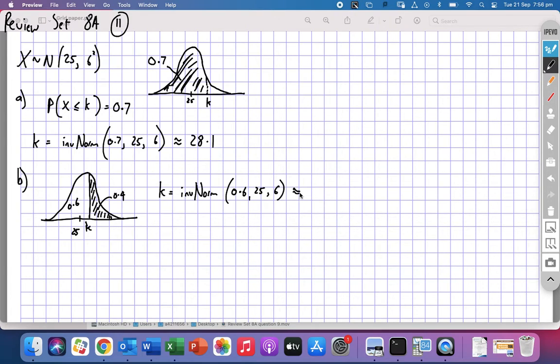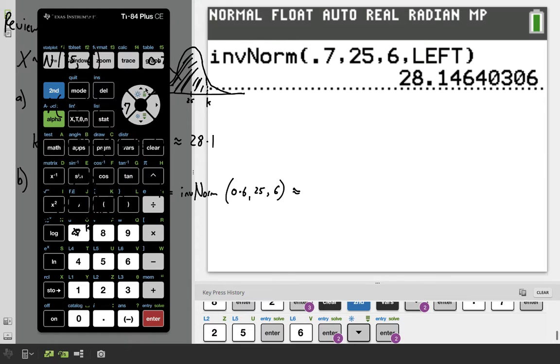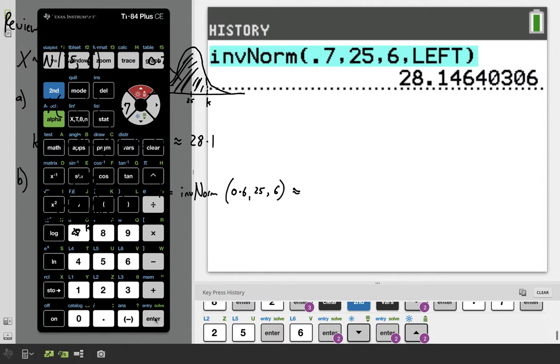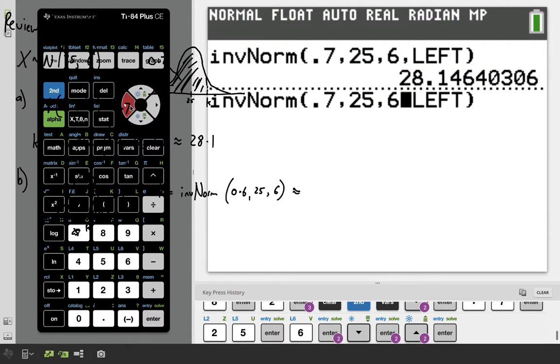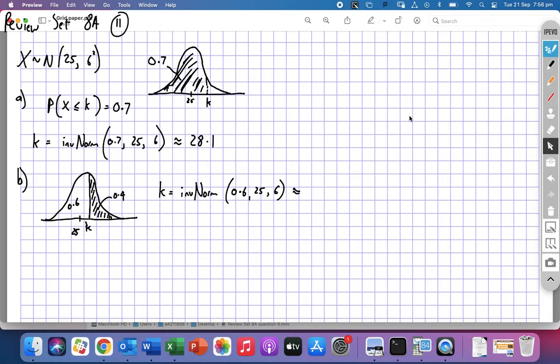And let's find out what it is. We can probably just copy this, change the probability to 0.6, and we get 26.5. So note that I'm making little predictions.